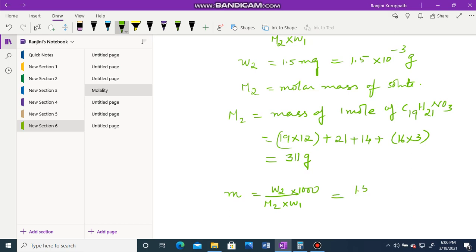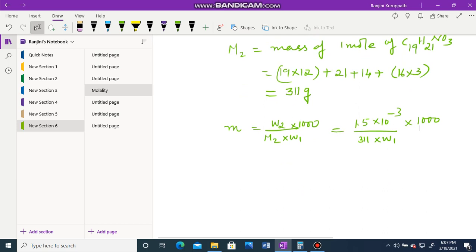W2 is 1.5 × 10^-3 divided by 311, W1 is what you are going to calculate, into 1000. Now from this you can easily calculate W1. W1 is equal to 1.5 × 10^-3 by 311 into molality, and in the numerator again 1000.